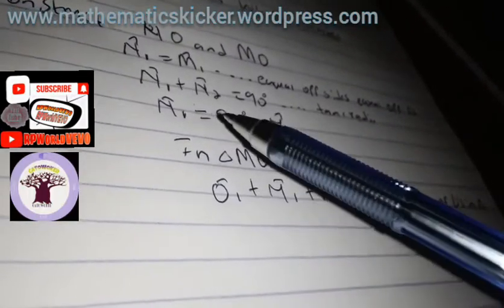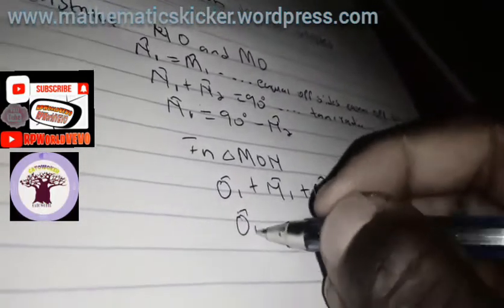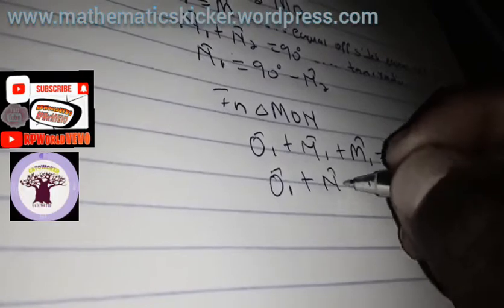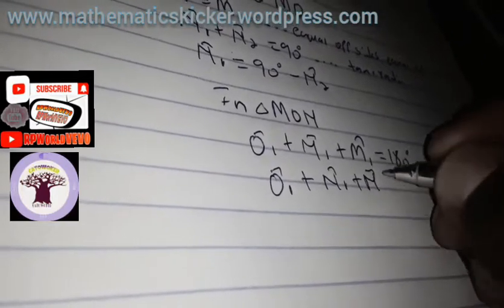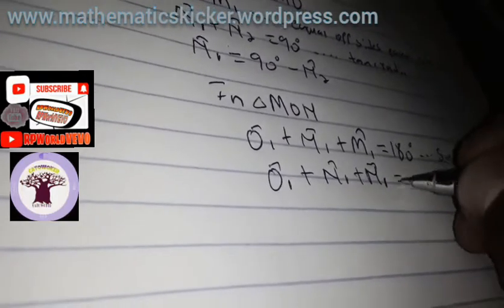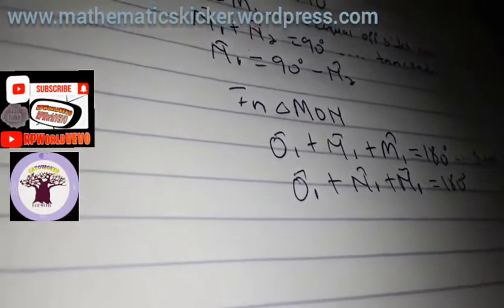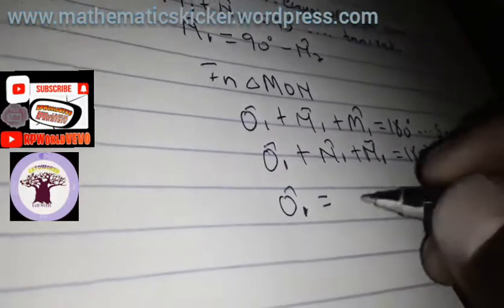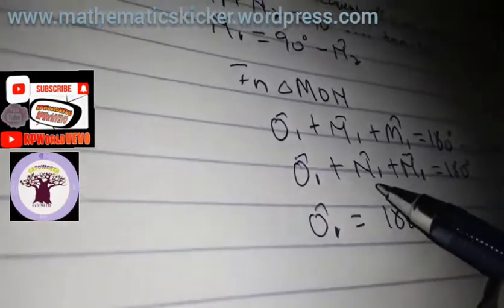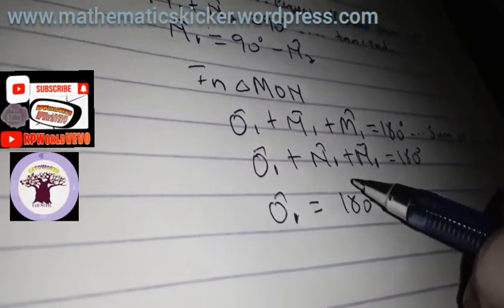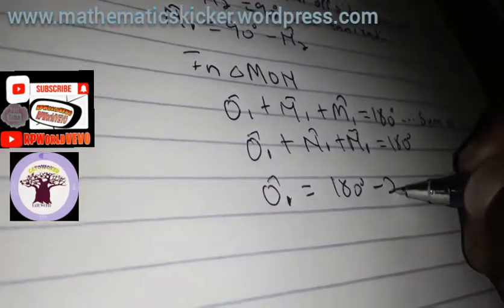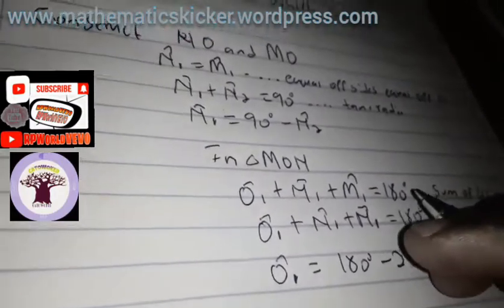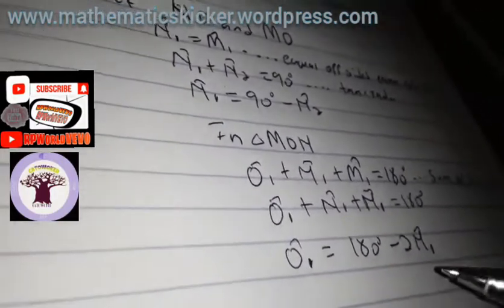It means angle O1 plus angle N1 plus angle N1 equals 180 degrees. Then these two, when you add them, you get 2 angle N1. So angle O1 is equal to 180 degrees minus 2 angle N1.